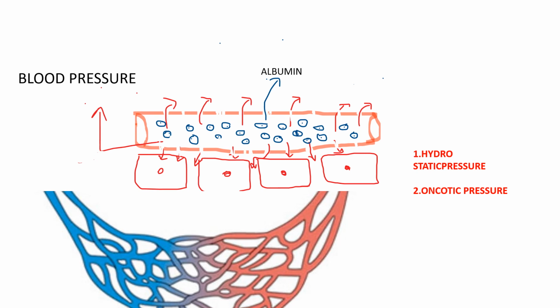The pores become big, so you can see the pores are big here. So there will be damage in the endothelial cells of the blood capillary, and these large molecules, that is protein, can easily escape into the interstitial space. So these are the causes of edema. These are the basic mechanisms in edema.